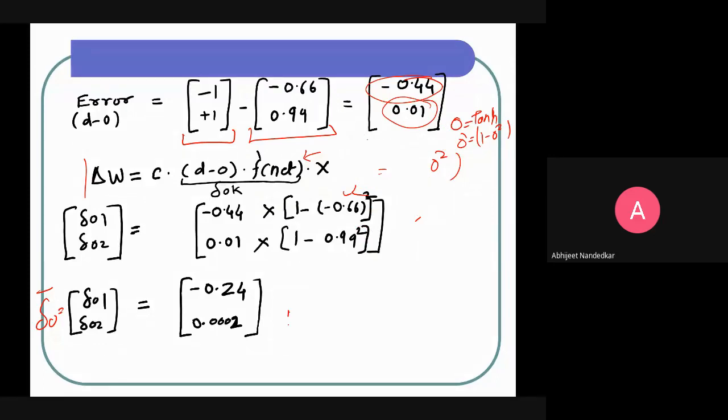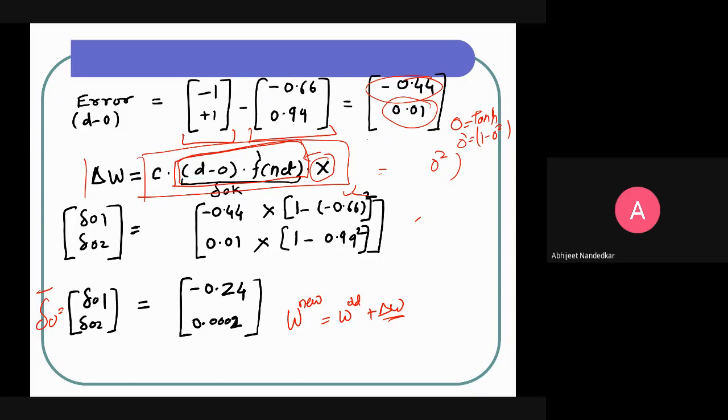Remember W new is equal to W old plus delta W. This delta W will come from this. The delta O_k for each neuron is already calculated, and we have to multiply it with the input vector for that particular layer.